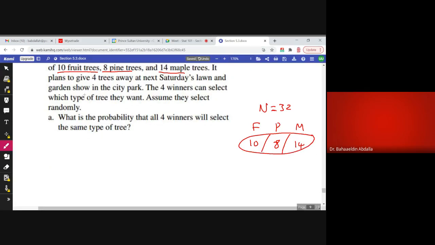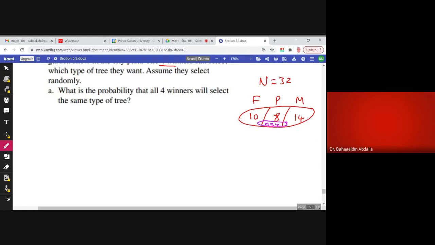Okay, it plans to give 4 trees away at next Saturday's Lawn and Garden show in the city park. 4 winners. So we need to select 4 trees out of the inventory. So small n is 4. Okay, 4 winners can select which type of tree they want. Assume they select randomly. What is the probability that all 4 winners will select the same type of tree?